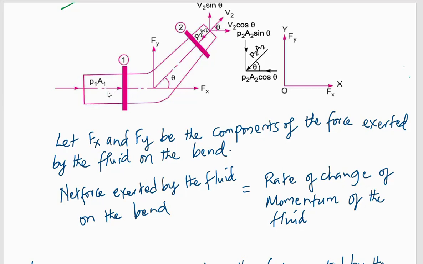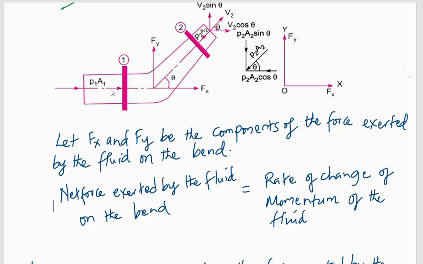We have the force due to pressure, we have the force that the fluid exerts on the bend. Likewise, if it is in the x direction, the component of this force will be negative Fx, because for every action there is an equal but opposite reaction.